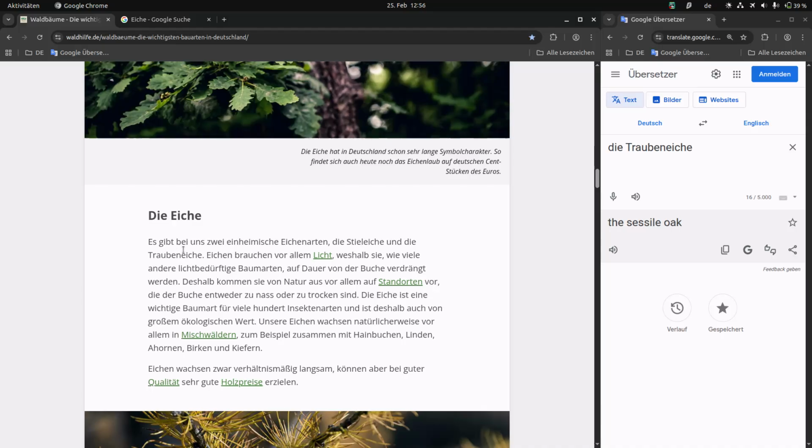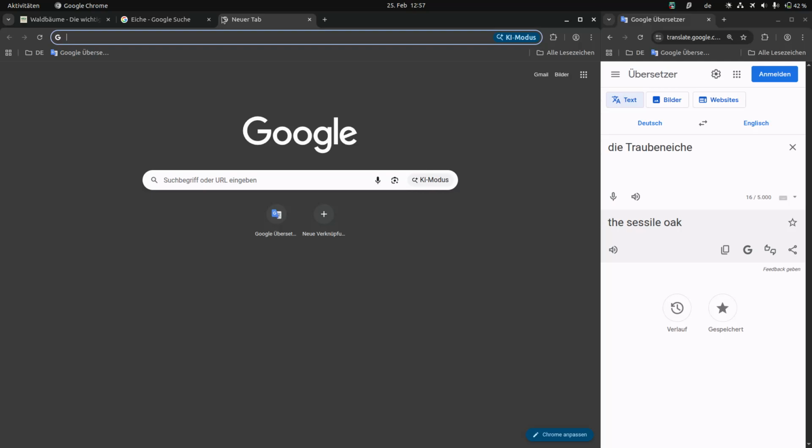And so this is what I was referring to earlier, why I was saying I wasn't completely wrong, because Stieleiche is native to Germany and Traubeneiche, which I didn't know. But yeah, so Stieleiche is native. What was it again? I called it Mediterranean. It was, what was it again? I forgot.